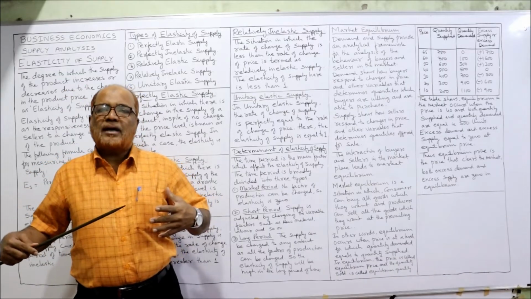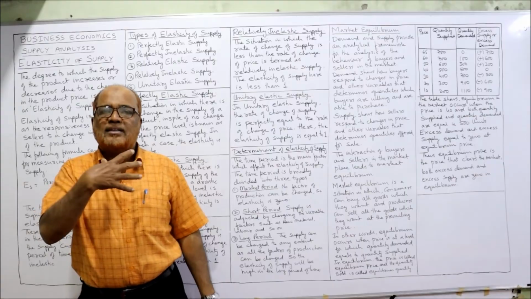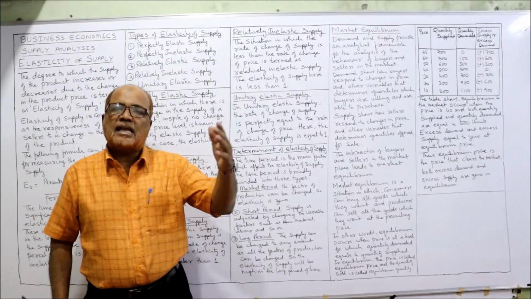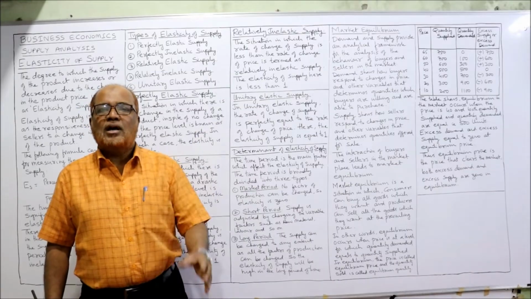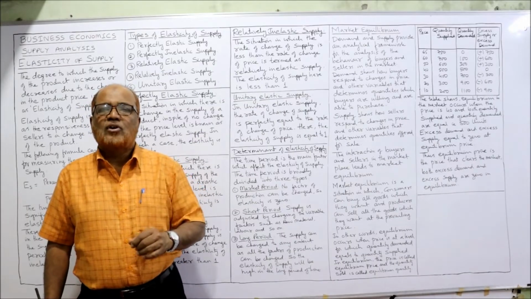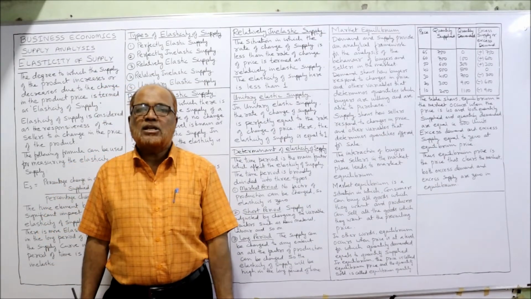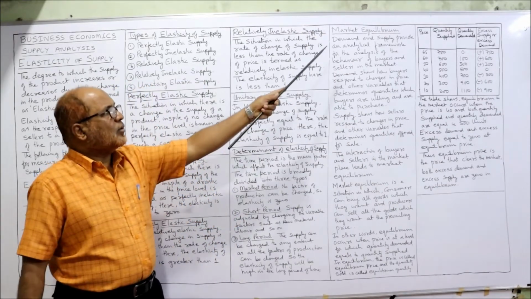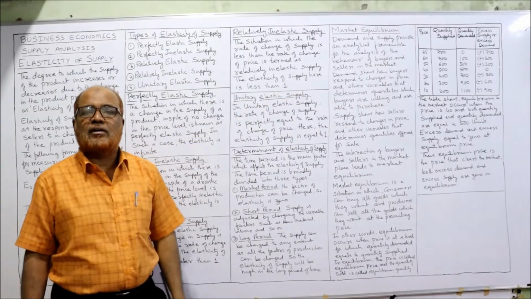The buyers want the product at a particular price in order to satisfy their wants, whereas sellers, suppliers, producers, will supply the goods in order to attain the objective of maximizing the supply and minimizing the cost. So here we have to understand demand and supply provide an analytical framework.